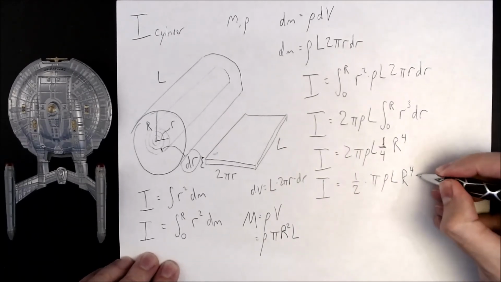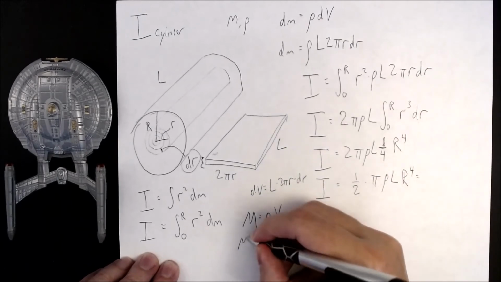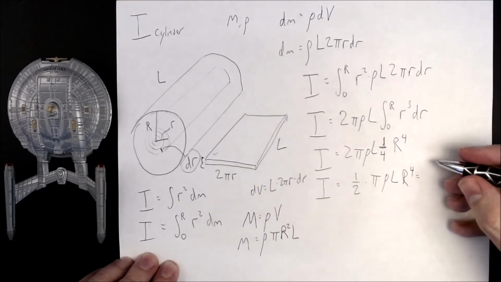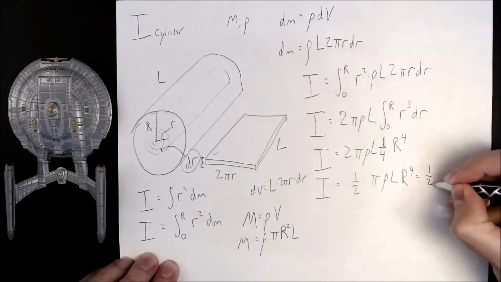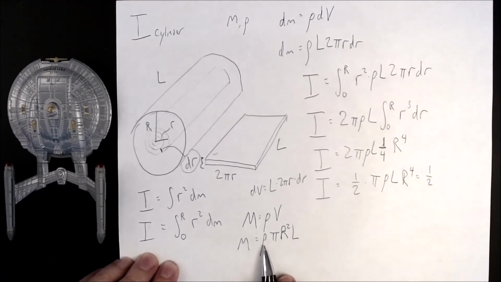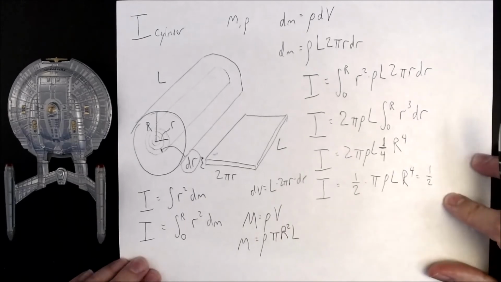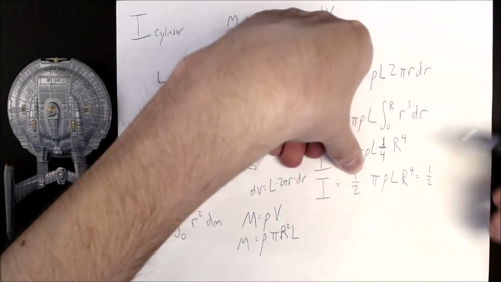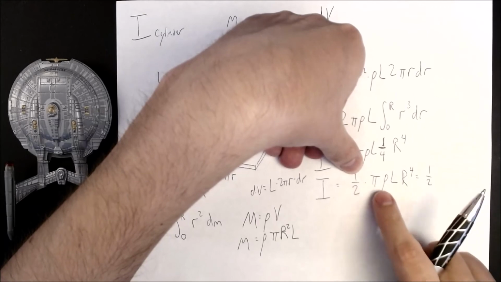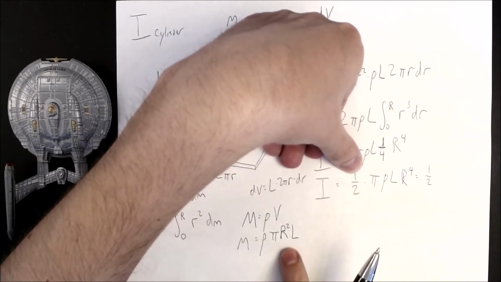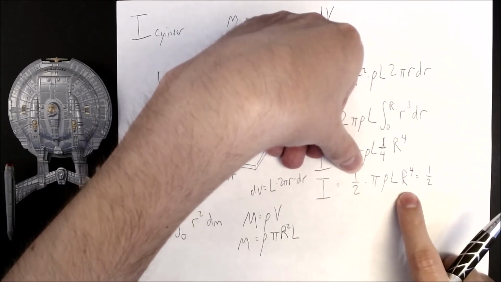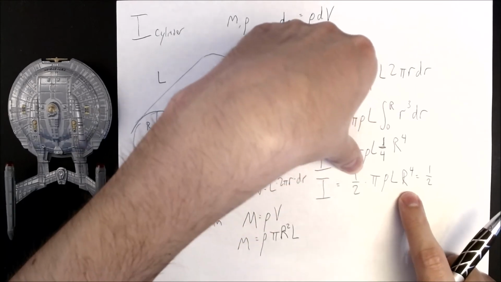And can we figure out what to do with that over here? Well, if I take out those things, I get, let's see, 1/2. I want to take out a pi, a rho, an L, and an R squared. So I keep the 1/2 there. I need to take out a pi, a rho, an L, and an R squared.